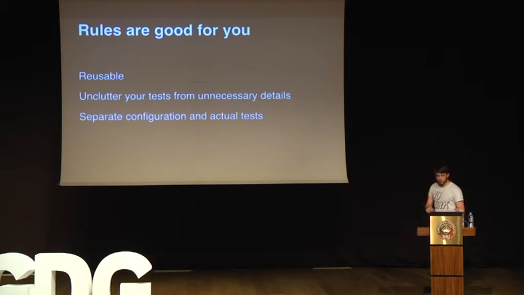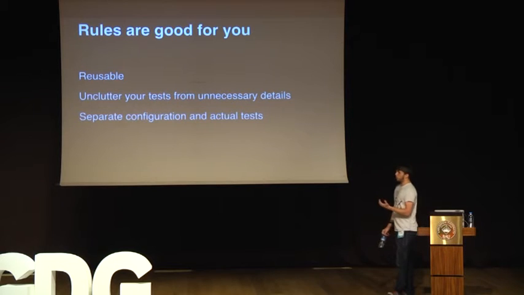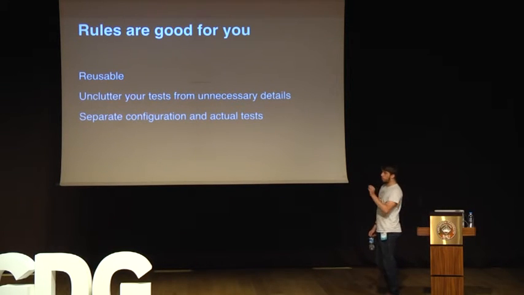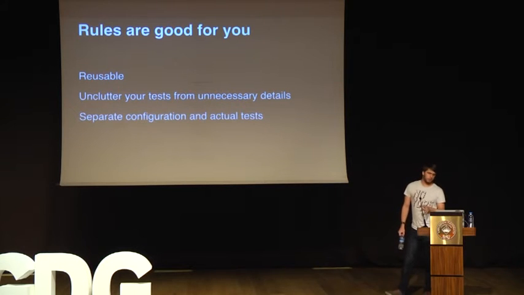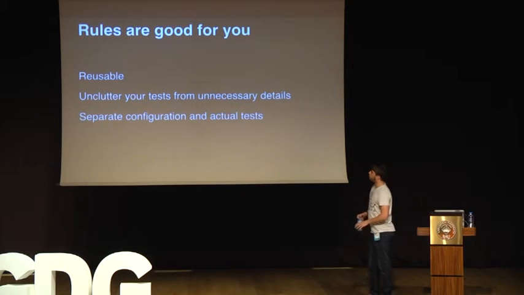So just to conclude, the rules are really good for you. They are reusable. We use almost all of the rules I talked about in almost all of our test classes. It also really unclutters your test from unnecessary details.